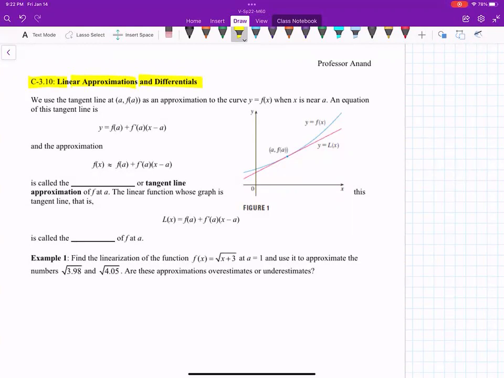So we use the tangent line at (a, f(a)) as an approximation to the curve y = f(x) when x is near a. Because the tangent line touches the curve, this is the tangent line, this is the curve.